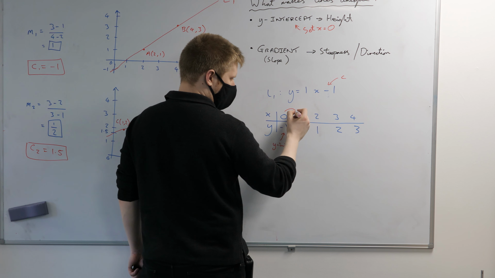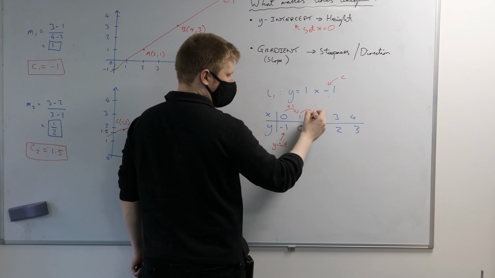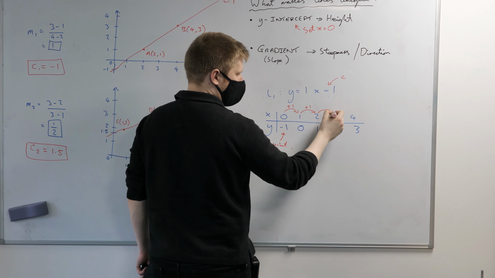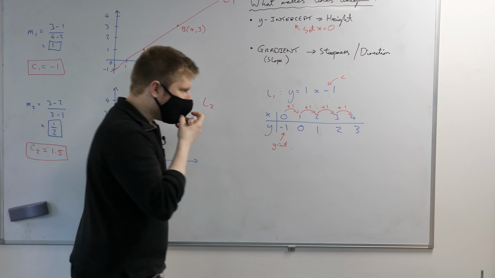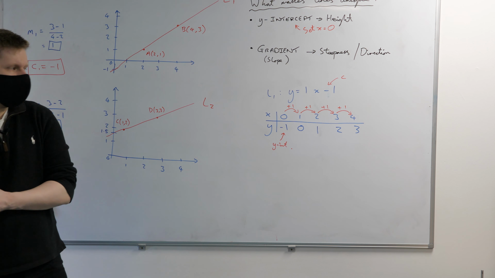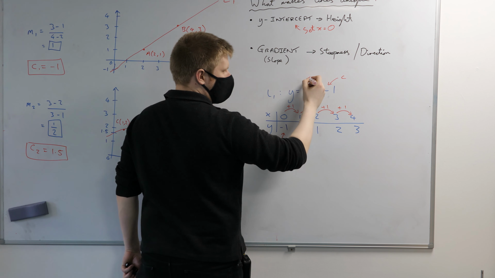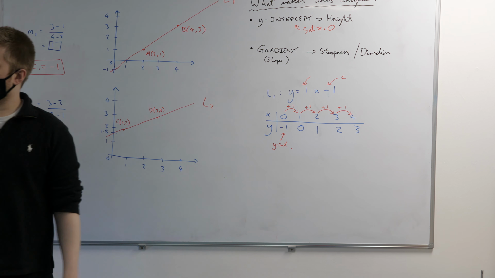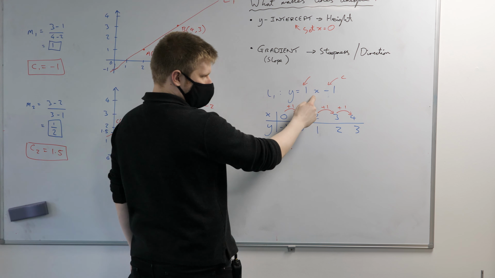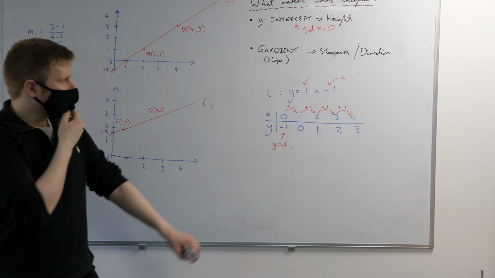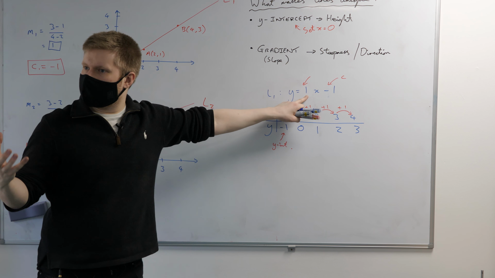Every single time I move to the right by 1, I increase by 1. Are you happy that whatever I'm increasing up or down by is given by the number being multiplied by the x? Because if I'm increasing x by 1 every single time, then I'll be multiplying by whatever number goes out the front there.